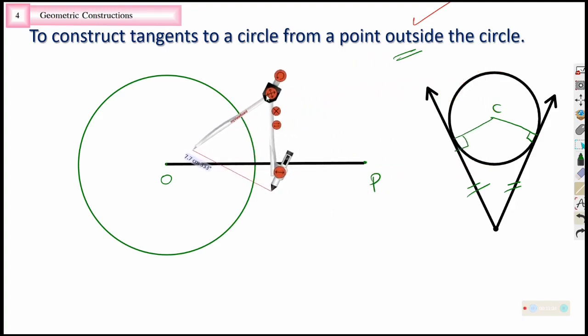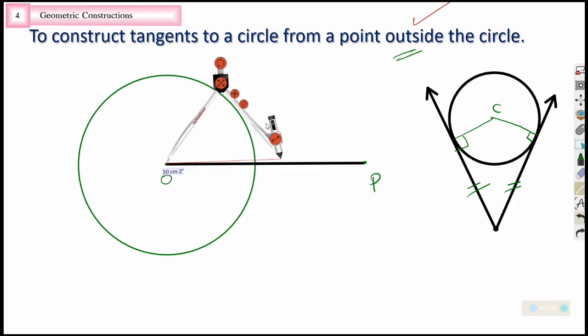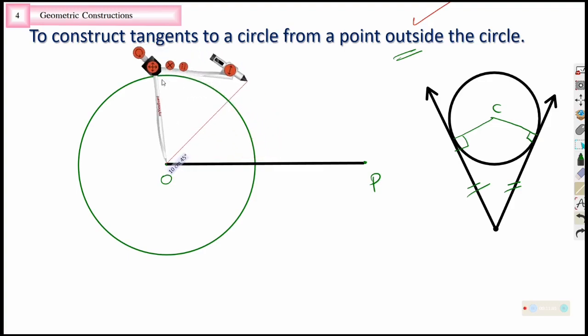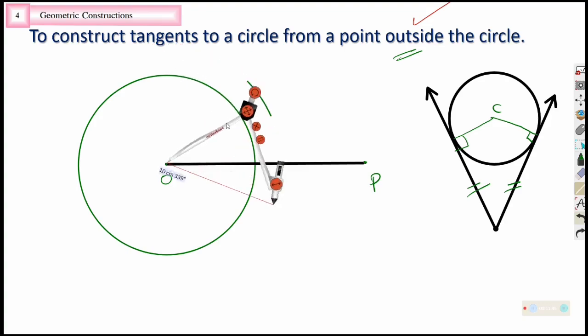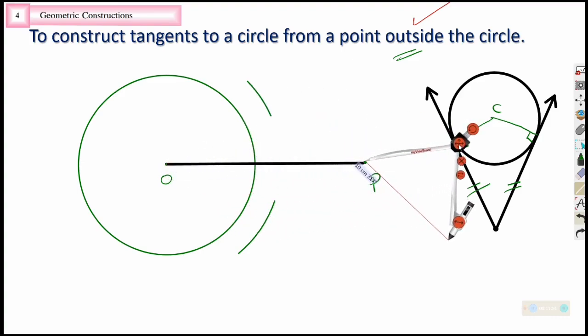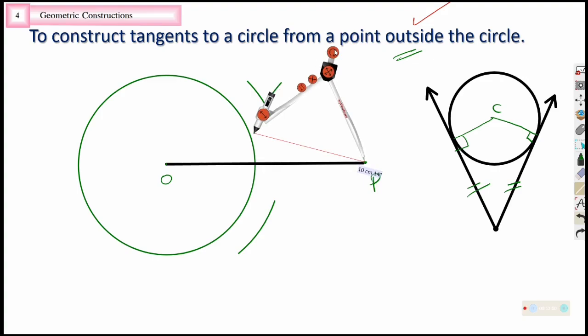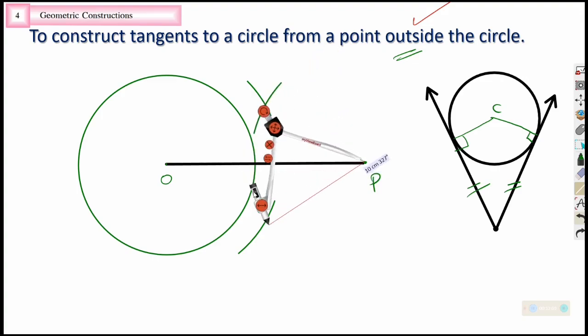It's quite easy. Bring the compass, keep it here, expand to more than half, mark here, mark on the other side, take it to the other side, tilt, mark, mark.